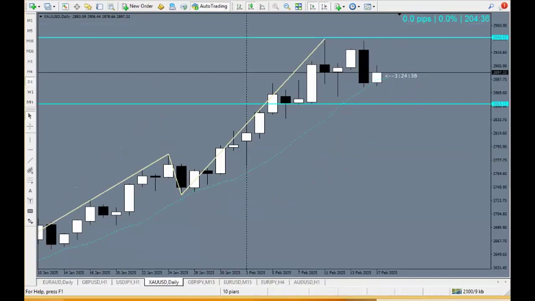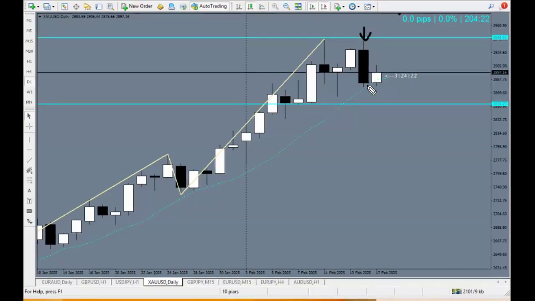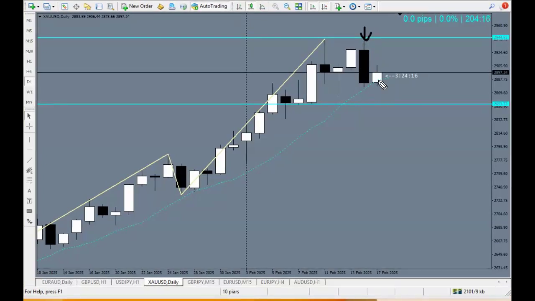However, we're seeing some nice candles here. I can see a nice bearish engulfing candle that happened on Friday. Once I see a nice bearish engulfing candle, particularly at a high like this, it tells me that price has the potential to go down.